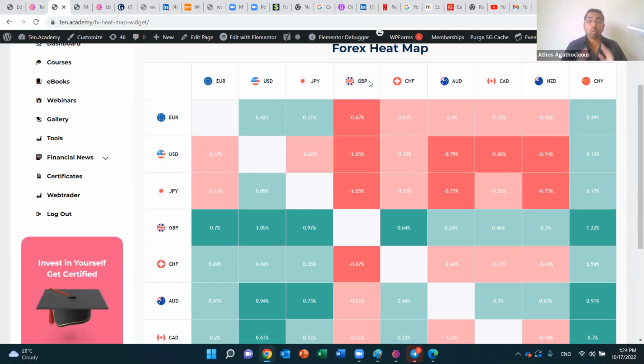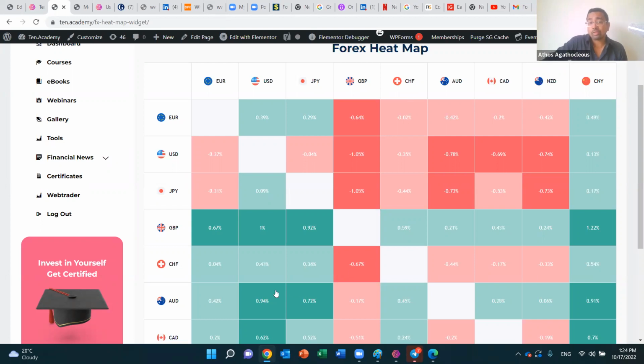So there you go, as simple as that. You want to always start off with currencies on the left. Once you've started off with currencies on the left, then you want to look across and look for a sort of uniform color, whether it's most or all in green or all in red. So if it's all in red, that's basically bearishness, and if it is all in green, that's bullishness.